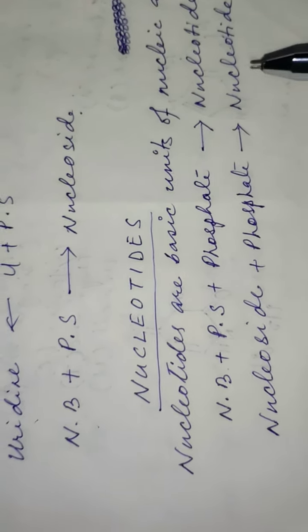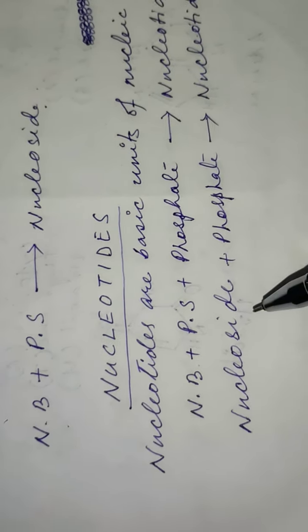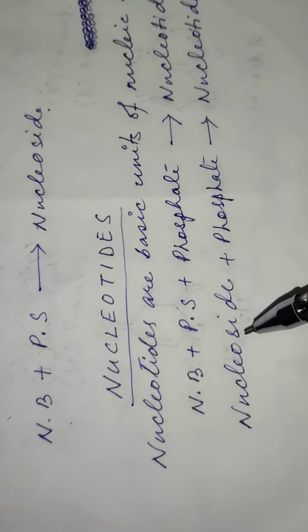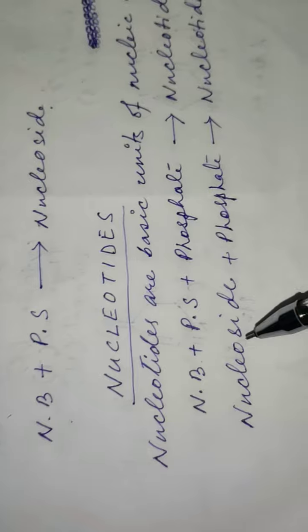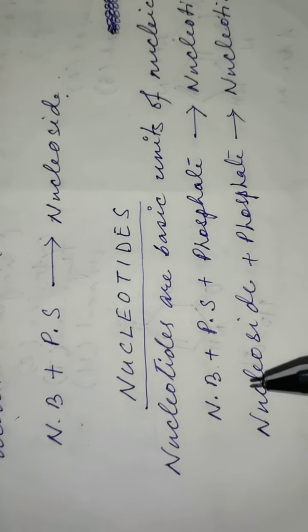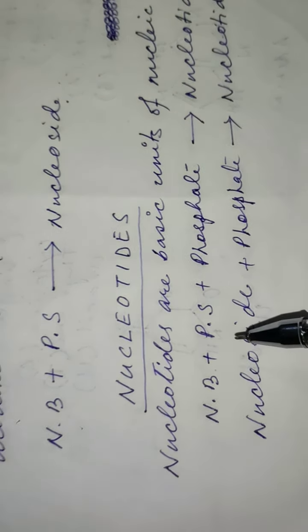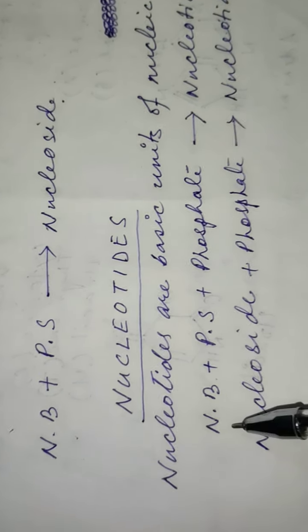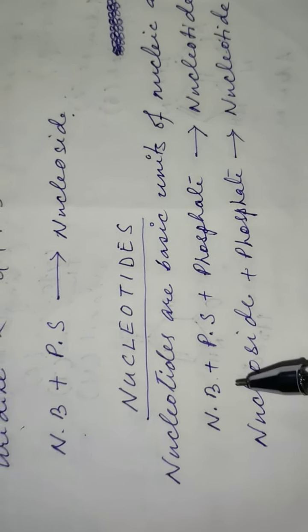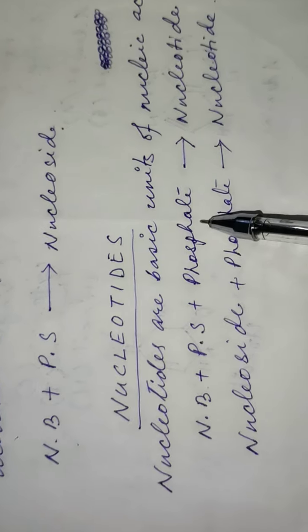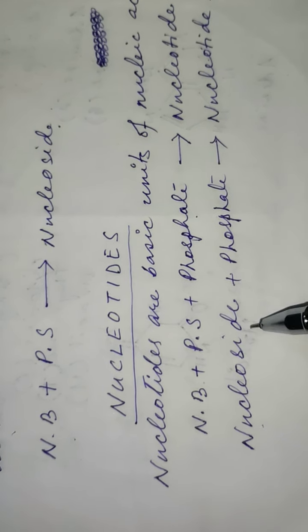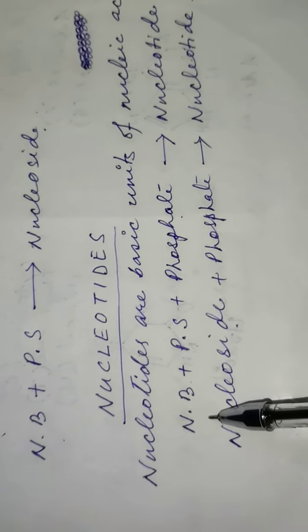So nucleotides are the phosphorylated nucleosides. Here a phosphate group is esterified to the pentose sugar and nitrogenous bases. Phosphate group is associated with nucleoside or pentose sugar or nitrogenous base.